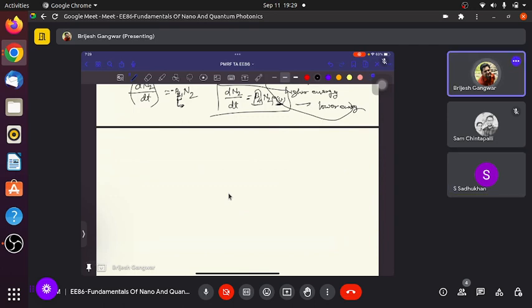This is a short overview of the radiative absorption and emission, which is well explained in the lecture. So now I will come to the first question of the tutorial.